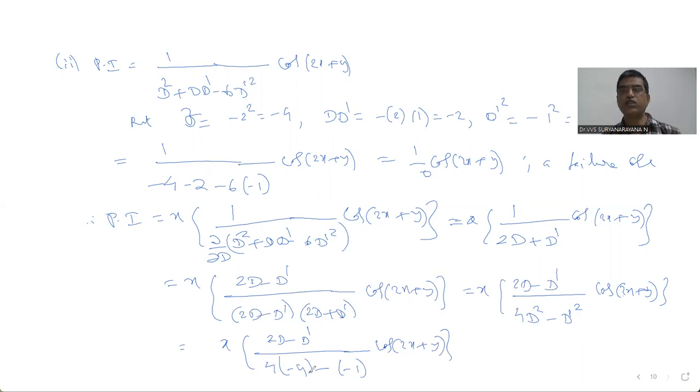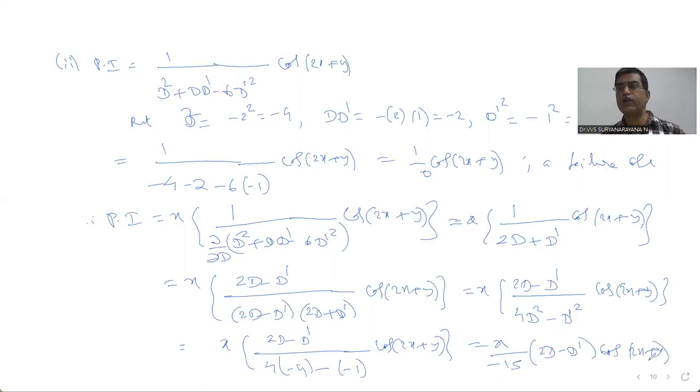So 4 into 4, 16, minus 16 plus 1, minus 15. So x into minus 1 by 15 of (2D minus D dash) of cos(2x plus y). Now apply: D means dou by dou x, D dash means dou by dou y. So apply this on cos(2x plus y).